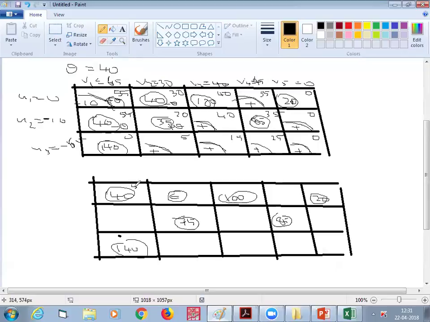Okay, so this is 55, this is 30, 40, 55 again, 0. Zeros are easy to draw, so draw them first.